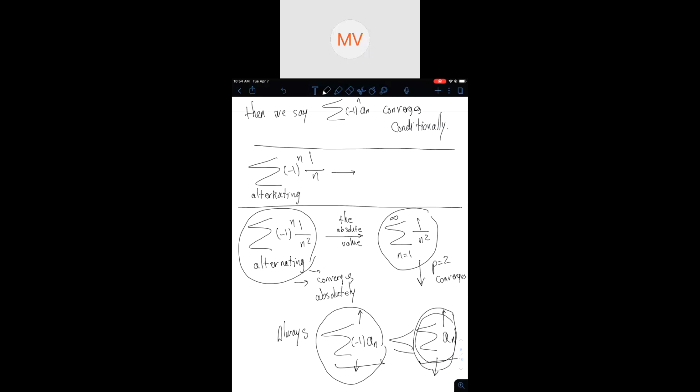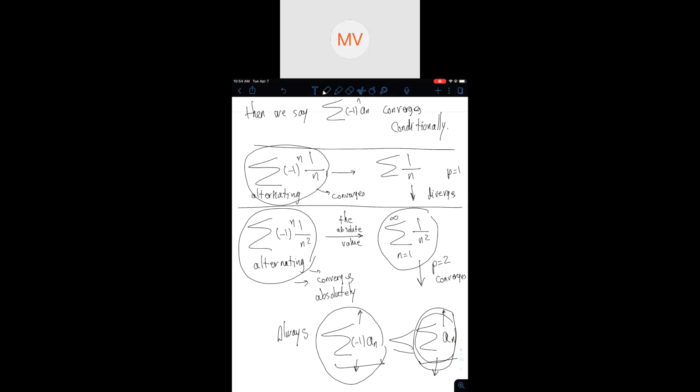Okay, now let's go to the top one. What's the absolute value series of this one? It's sigma 1 over n. Does this one converge or diverge? Diverges because, again, P series, right? We already talked about this. How about the alternating series itself? Does that one converge? Again, we already talked about it. That one converges by the alternating series test.